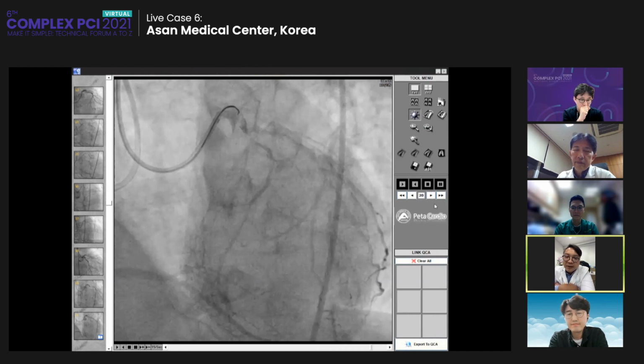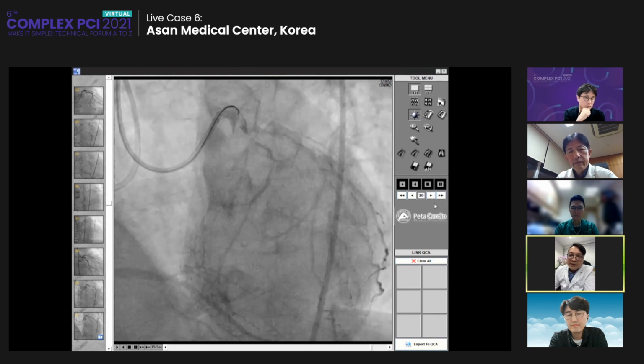If not, we may need to consider using the STA or some controllable wire, for example, the Gaia Next wires, to see whether we can manage the CTO lesions. Of course, we need to guide it by the contralateral contrast injection.